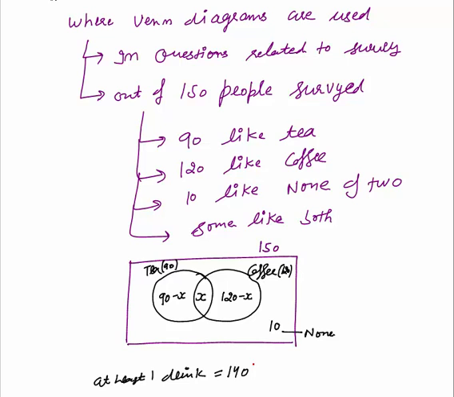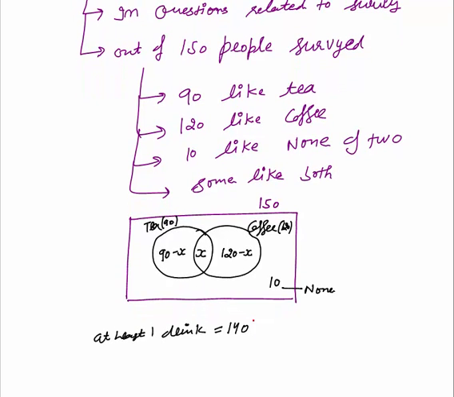So by common sense, 140 persons like at least one drink. When I say at least one drink, as I just explained, we have to include those who like one drink and those who like two drinks. So those who like one drink are 90 minus x plus 120 minus x. These are the persons who like one drink, plus two drinks, that is x.